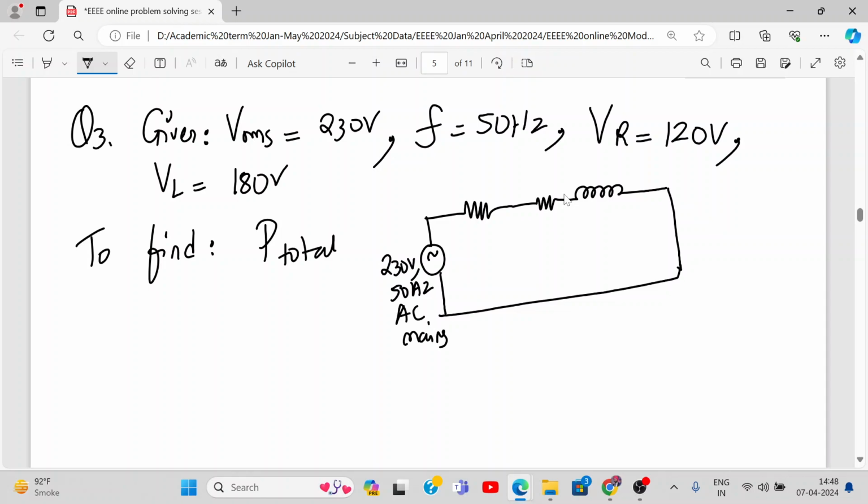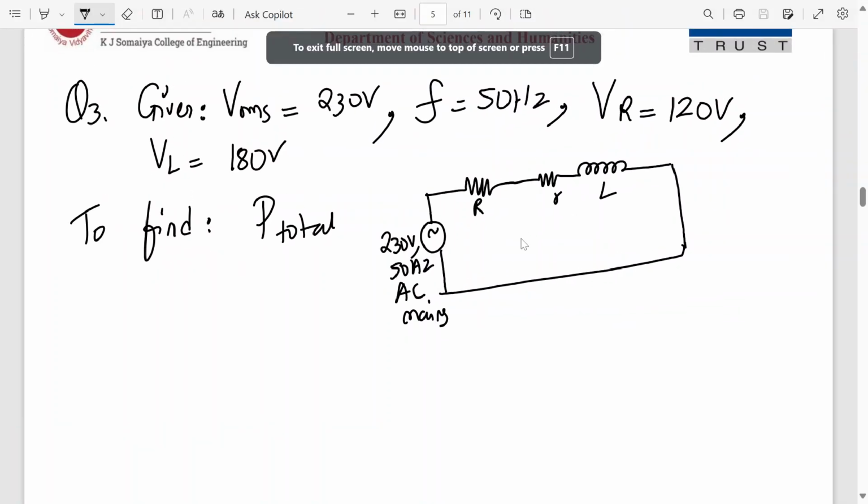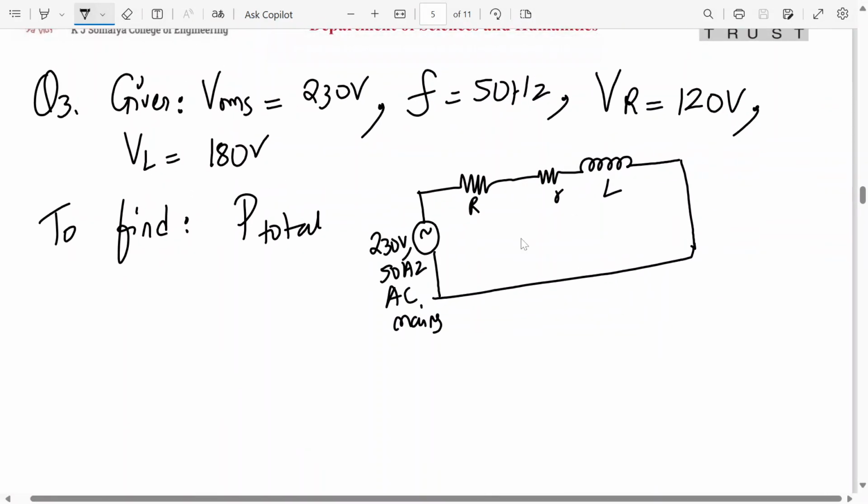AC mains. They have given the voltage across the resistor. So this is my R, L and small r, which comes with the coil, so this is basically the coil resistance. This is a resistor. What is the value of VR? 120. This is the coil.